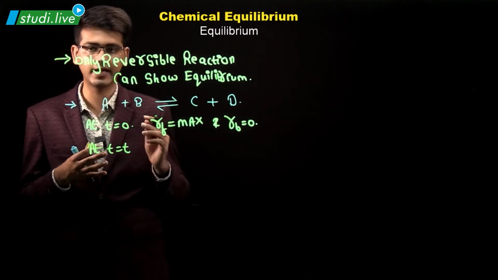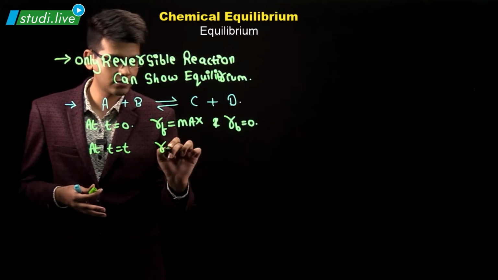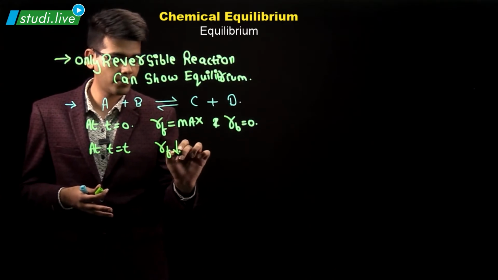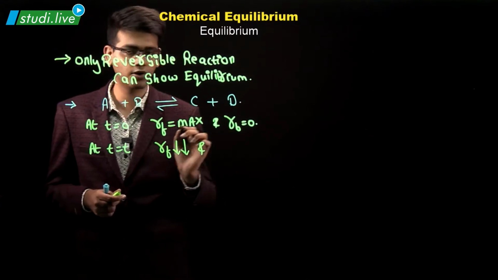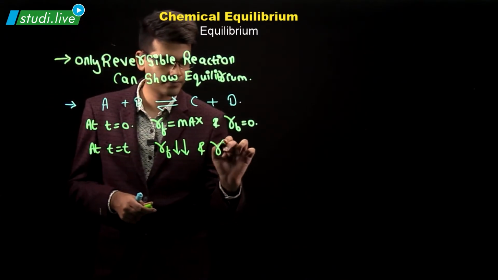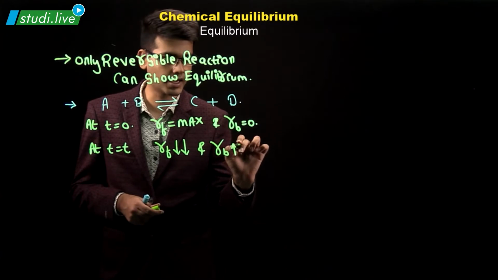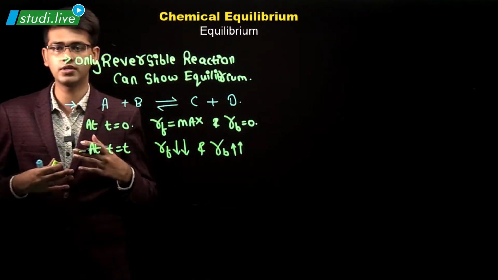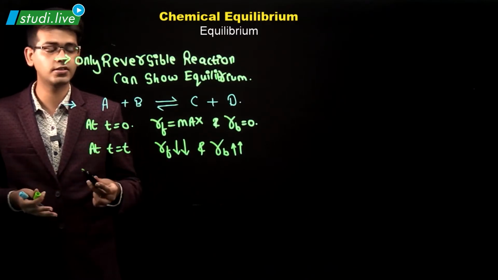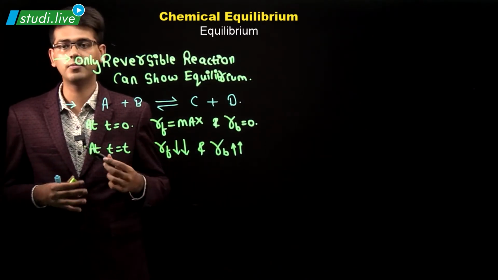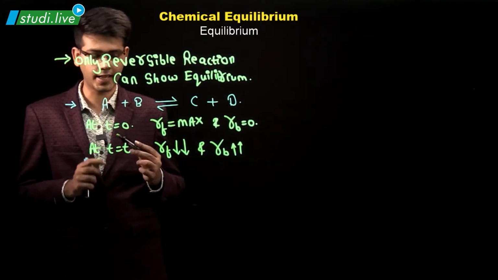At t equal to t, slowly the rate of forward reaction will start to decrease, and at that same point the rate of backward reaction will start to increase, because slowly the product has formed and the backward reaction has started, so there will be some rate of backward reaction.